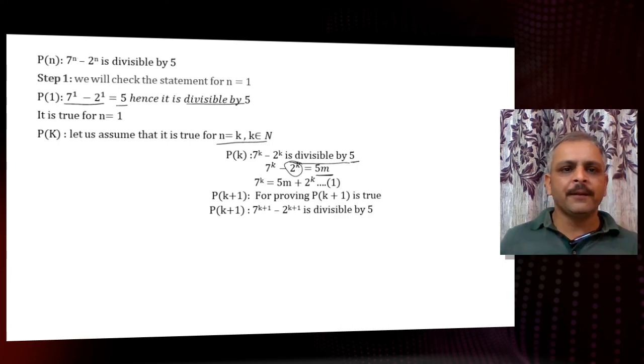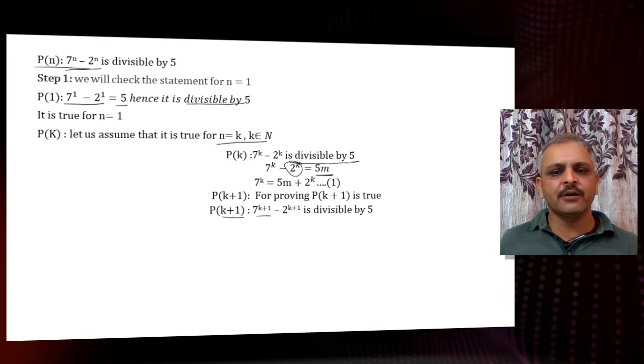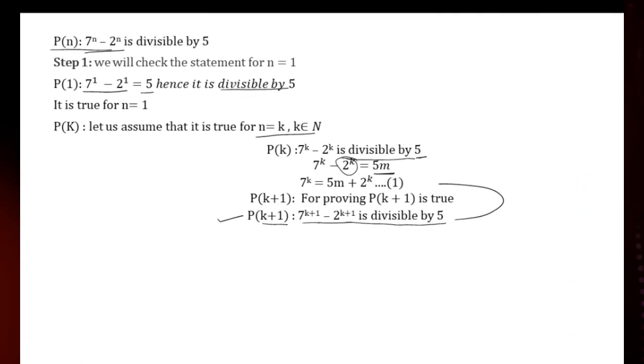So replace the n with k plus 1 here in the statement. 7 raised to power k plus 1 minus 2 raised to power k plus 1 is divisible by 5. Now we have to verify this result with the help of this one. So how will I check that? 7 raised to power k plus 1, I will split into two parts. That is 7 into 7 raised to power k.